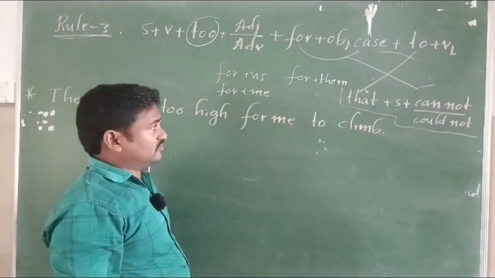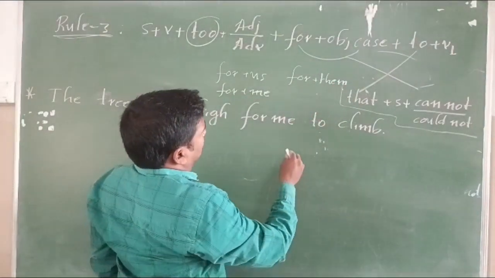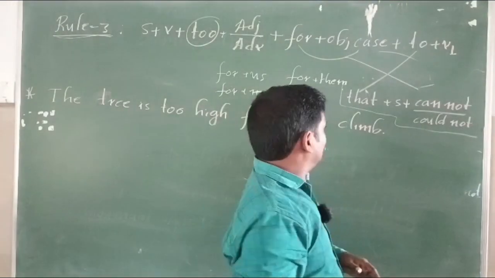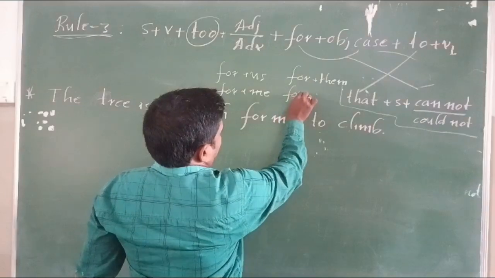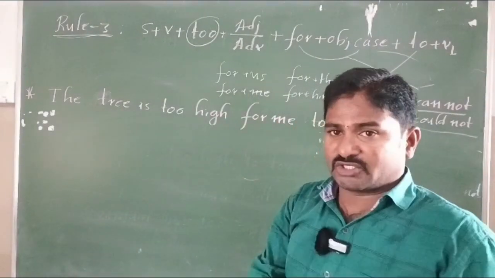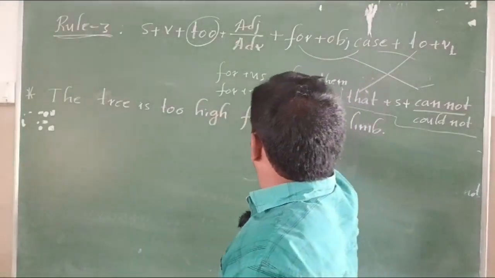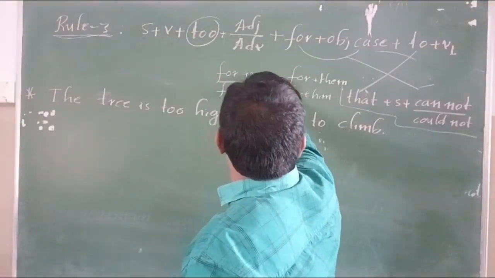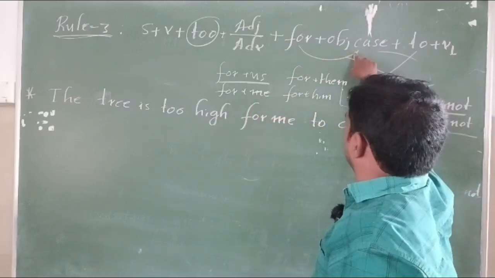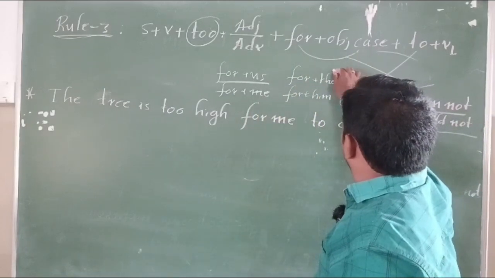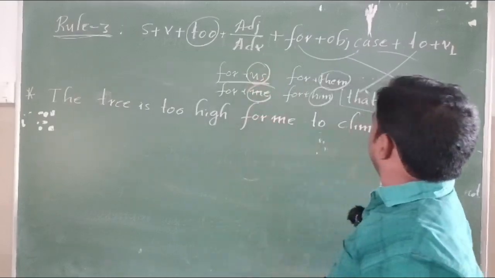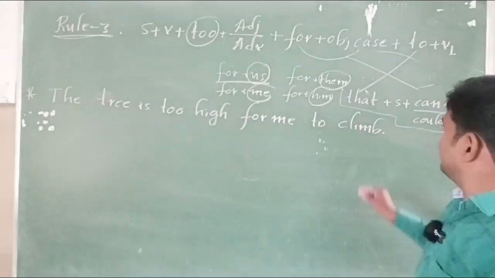Next for place him, example, for place him. In this case, so what is that? So for place us, for place me, for place them, these all are objective cases. So in place of that, what you have to use generally, you remember.